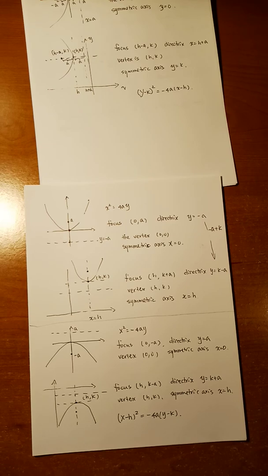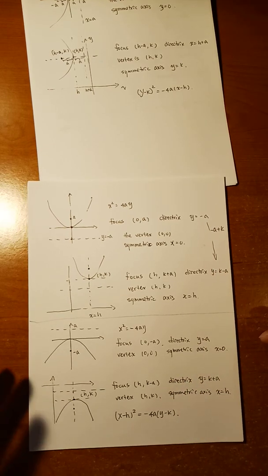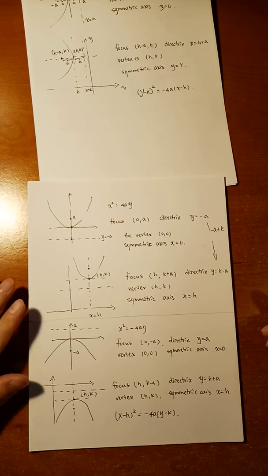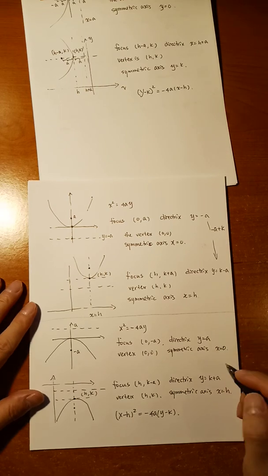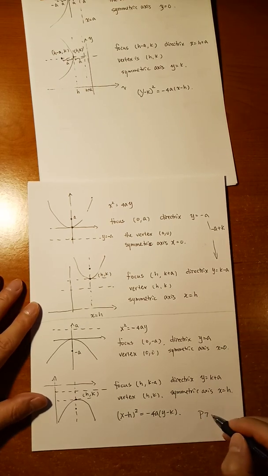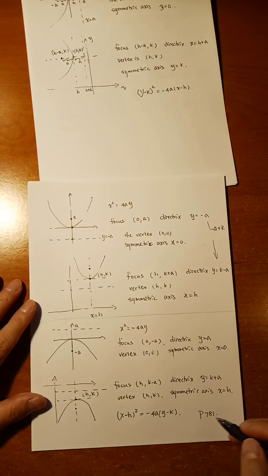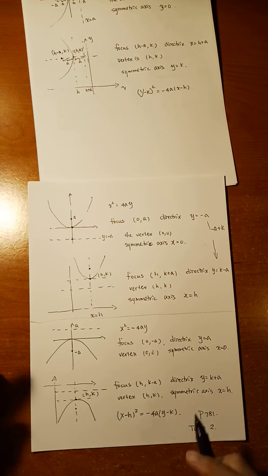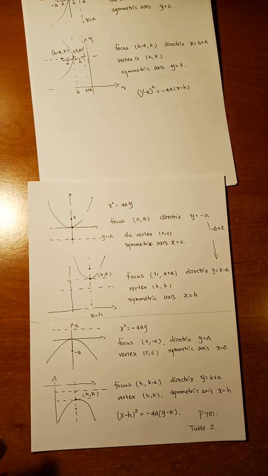Okay? So that's 4 situations or 4 equations for the parabolas with vertex (h, k). And this whole table is on page 781. There's a table 2. You're supposed to memorize this table, and what I did is to help you to know why they have such stuff.